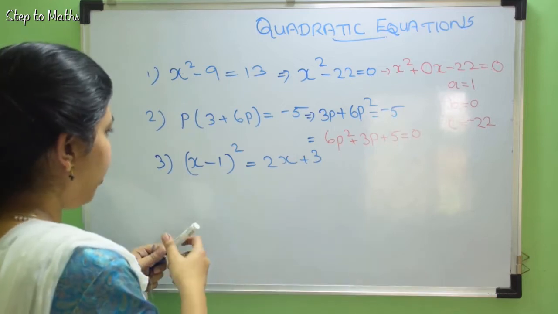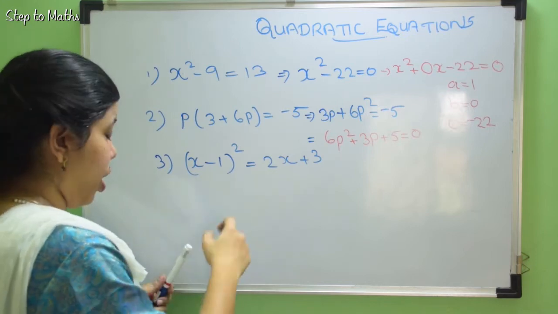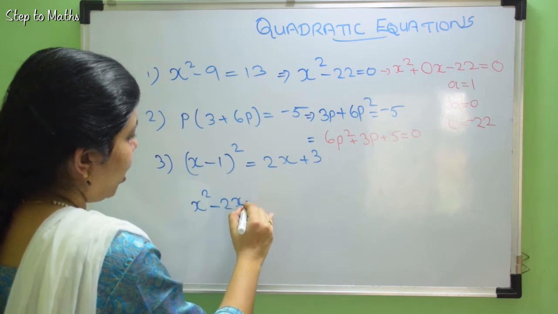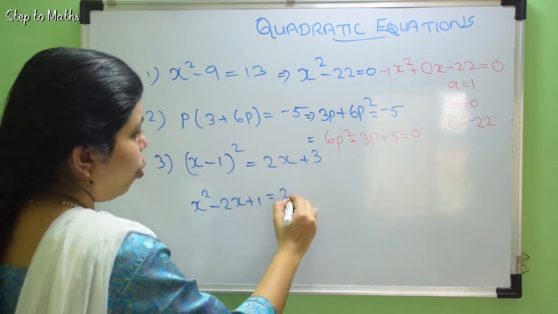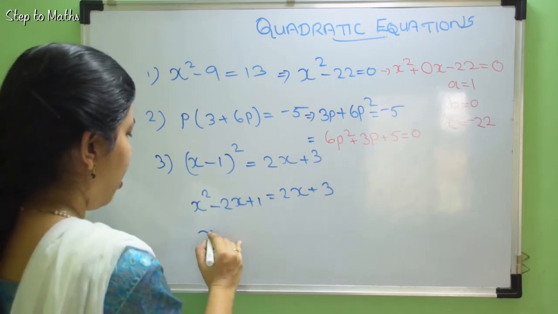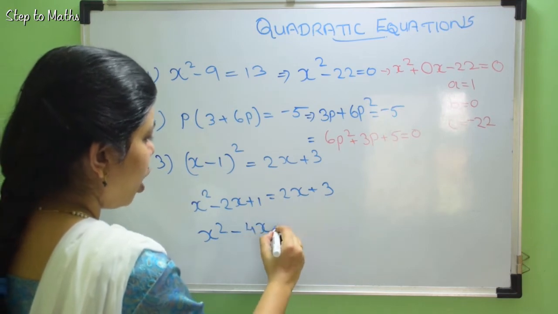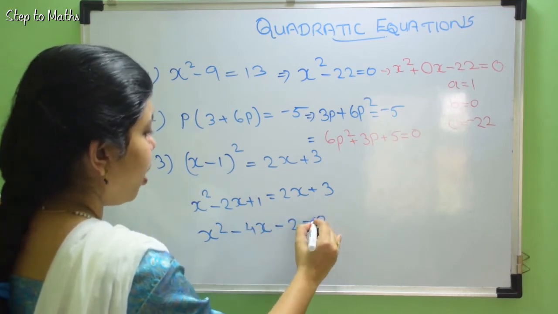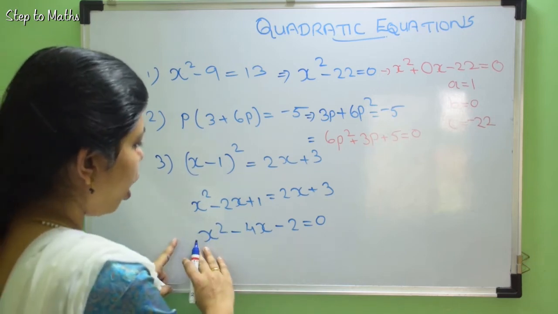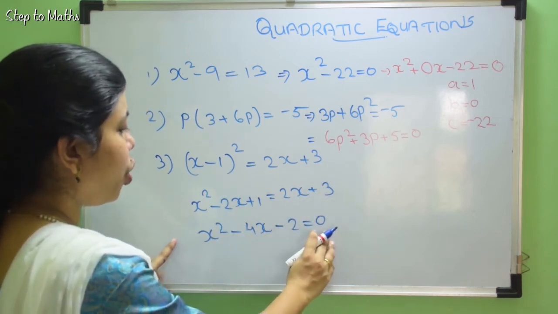Consider this one. What is the first step? Expand this term. X square minus 2x plus 1 is equal to 2x plus 3. If we simplify this, the equation becomes x square minus 4x minus 2 is equal to 0.